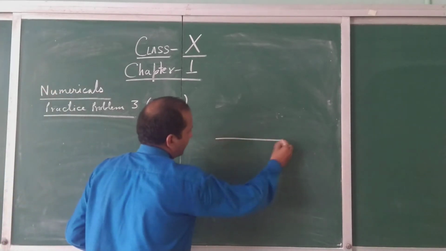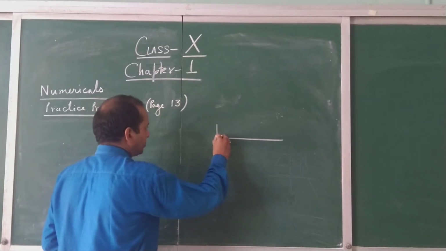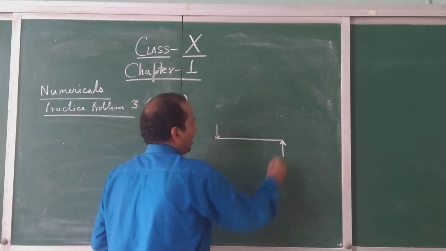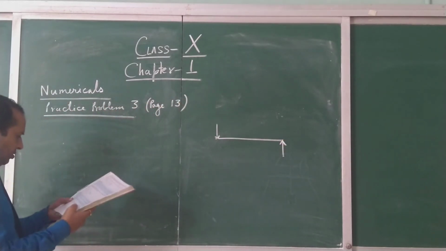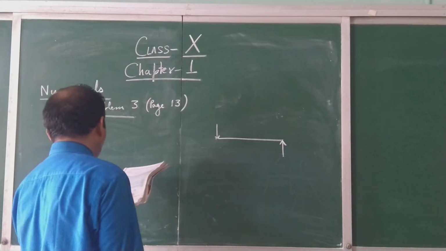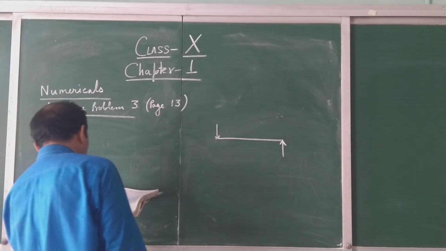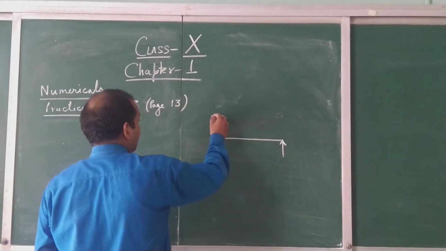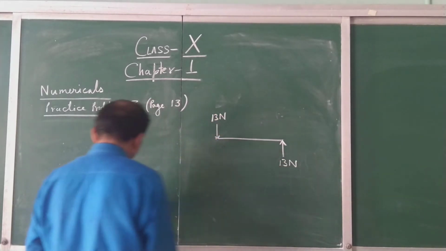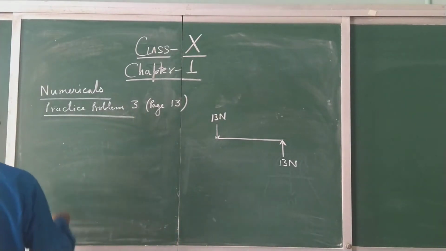Think of the couple, children: two equal and opposite forces are acting on it. A force of 13 Newton produces a moment of couple.